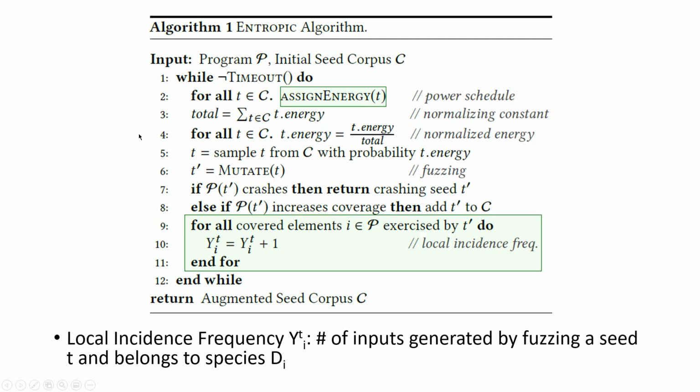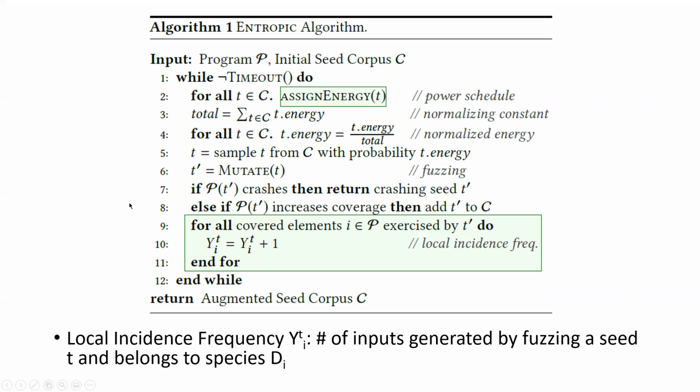Line 3 and 4 just normalize the energy for each seed, and line 5 picks one of the seeds from the seed corpus with the probability of the energy. And line 6 mutates that chosen seed for fuzzing.